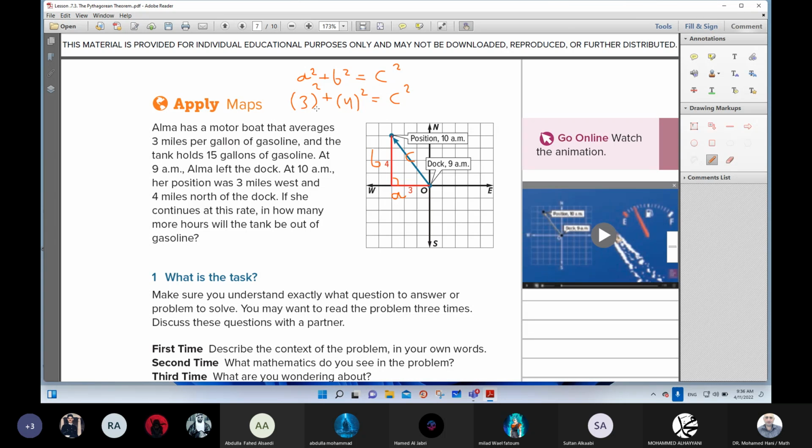3 squared means 9. 4 squared means 16 equals C squared. 9 plus 16 will be 25. So C squared equals 25.